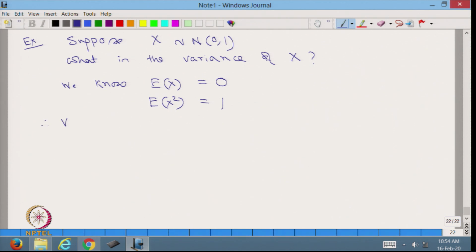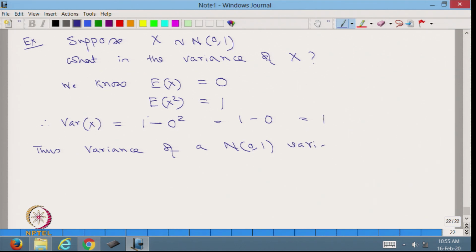Therefore, variance of x we can understand is 1 minus 0 square is equal to 1 minus 0 is equal to 1. Thus, variance of a normal 0 1 variable is 1.